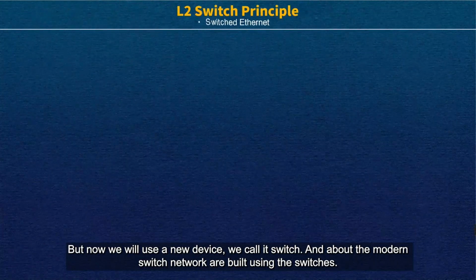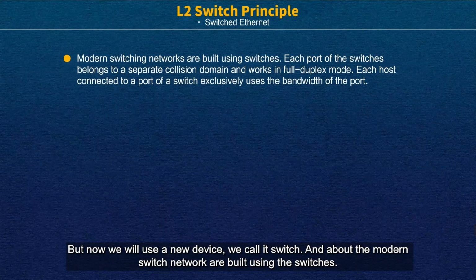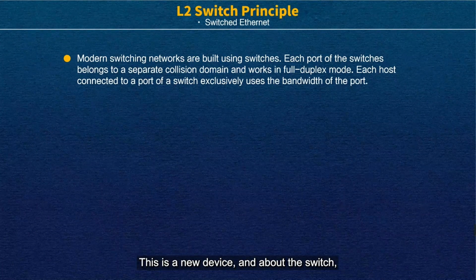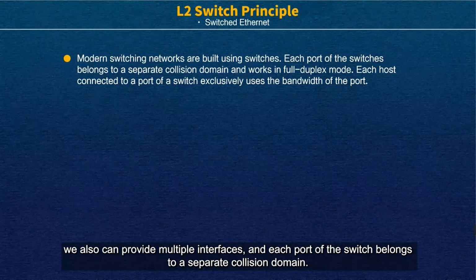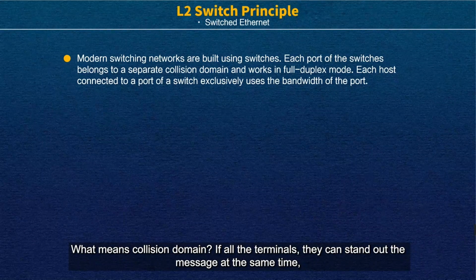But now we will use a new device, which we call the switch. Modern networks are built using switches. The switch also provides multiple interfaces, and each port of the switch belongs to a separate collision domain. What does collision domain mean?